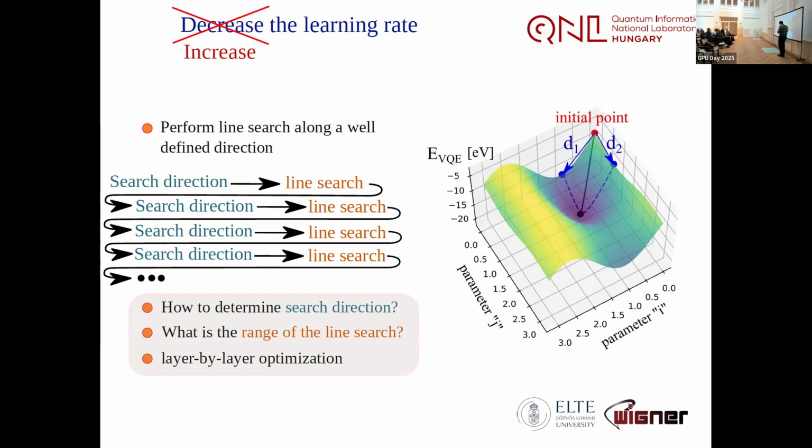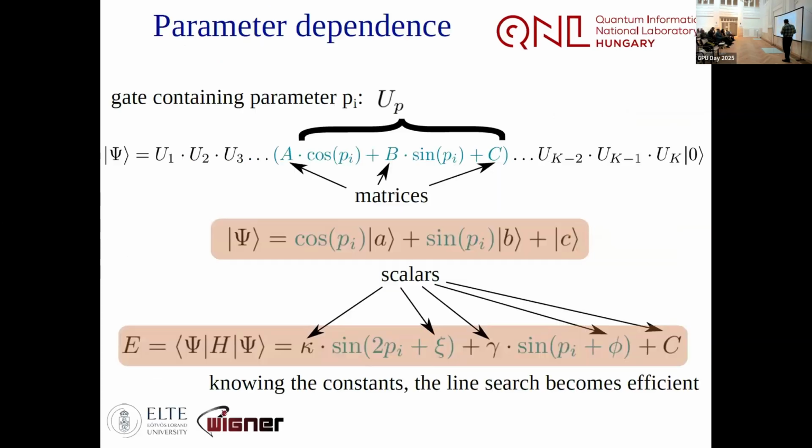The question is how to determine the search direction and how to set the distance of the search. First, I would like to outline the idea behind this strategy in a slide, and then tell you some arguments on why it is more efficient than other approaches.